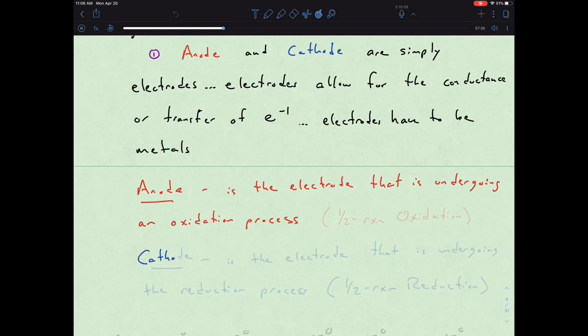And then we have the cathode, which is the electrode that's undergoing the reduction process.